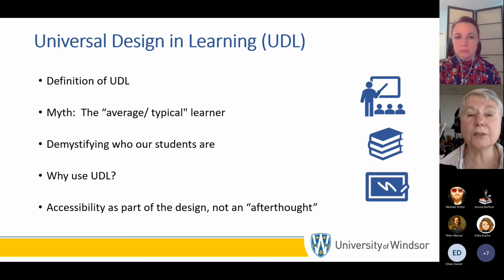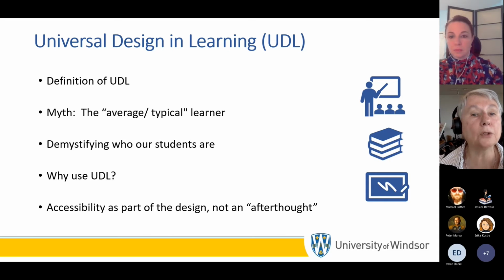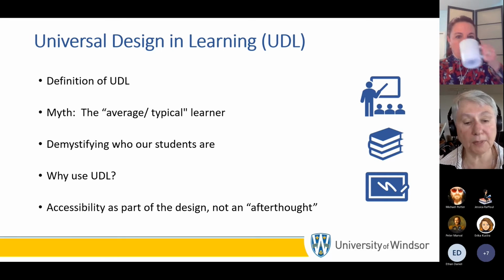What is their cultural background, their learning styles, their interests that they bring to their learning situation? What are their talents, strengths, and needs? And what form of communication do they use and do they need? Sherry and I are going to spend a bit of time on this in a bit.